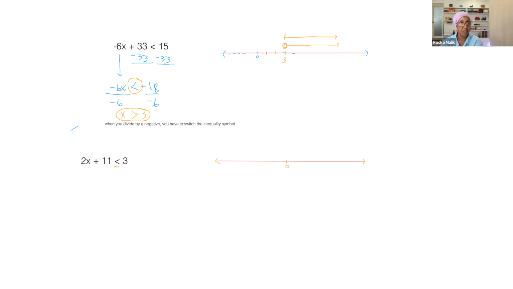Okay, so I'm going to do it the same way. I'm going to move over the 11 to the other side. That leaves me with 2x less than or equal to 3 minus 11.